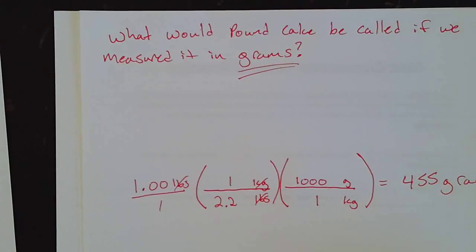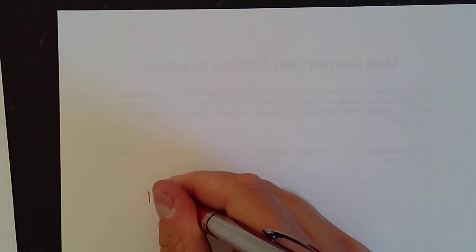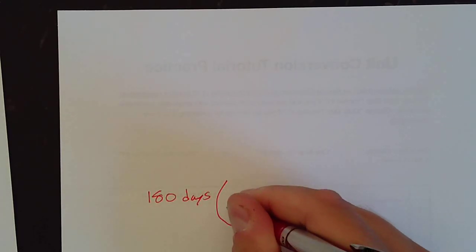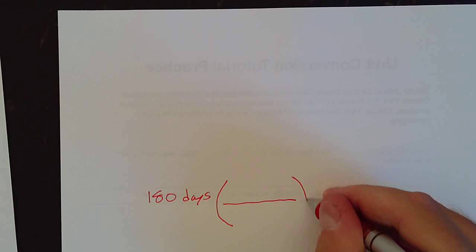If you're struggling with this in general, I really want you to go back and play with that video game kind of thing that we had, that click and drag process. But really, it's just finding out what you need and want. So if I have 180 days, and I'm trying to figure out how many hours of something.